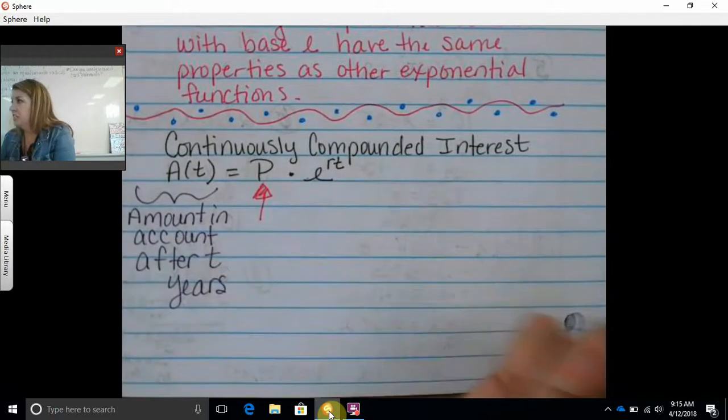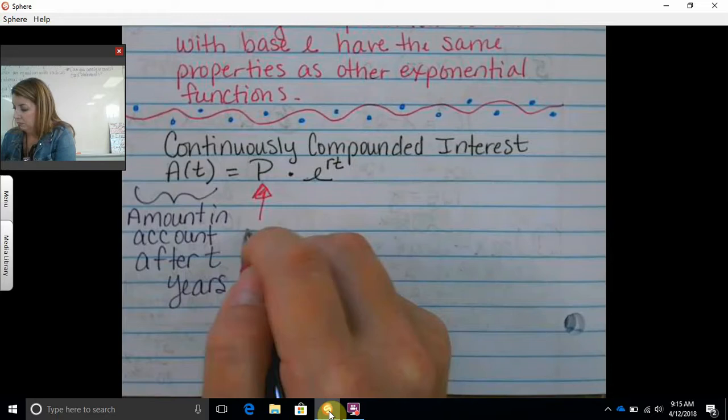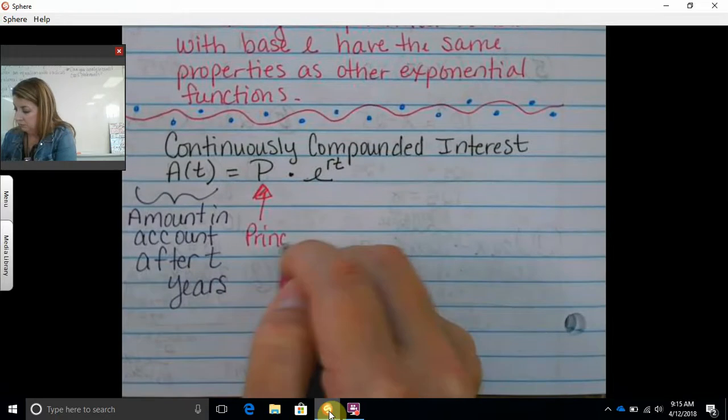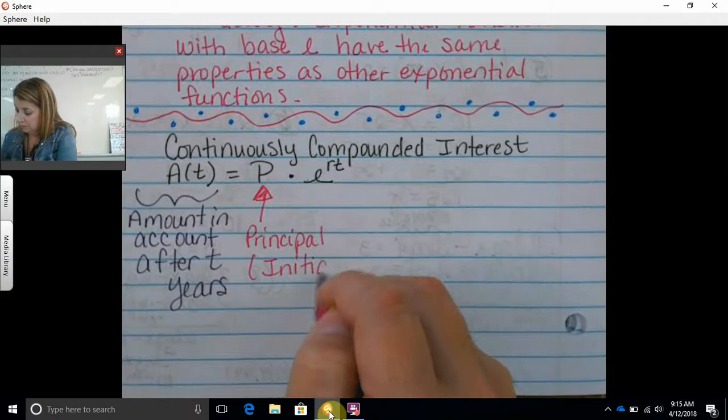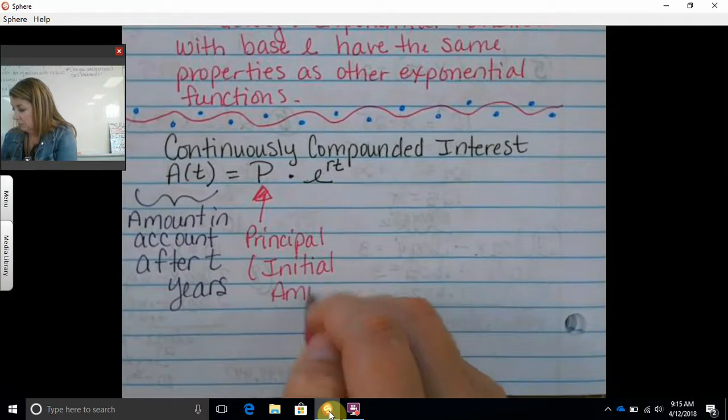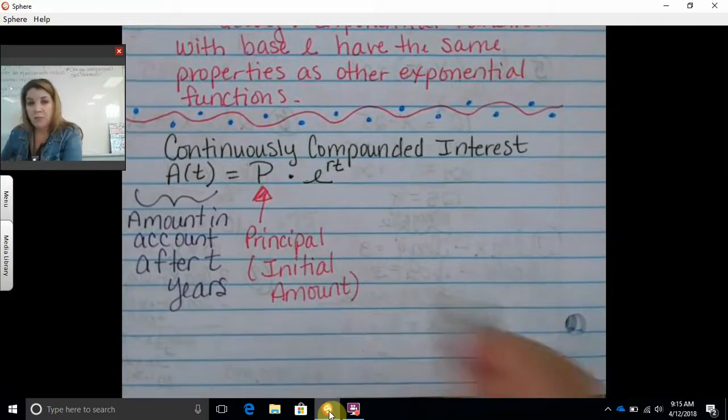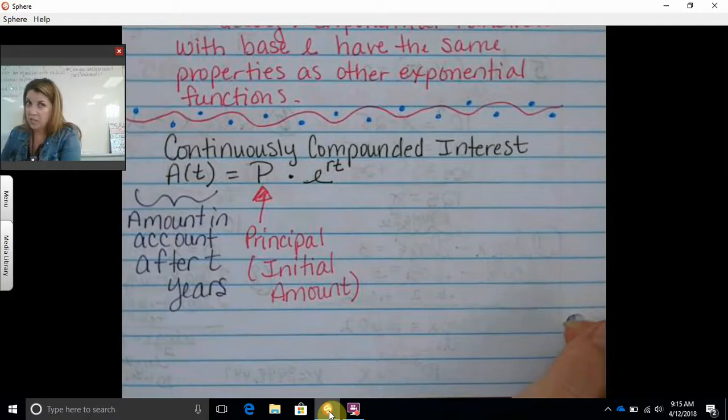That's the same thing as the initial amount, okay? So if it says what's the principal, that's like the initial amount deposited, just like on the problems we did the other day.